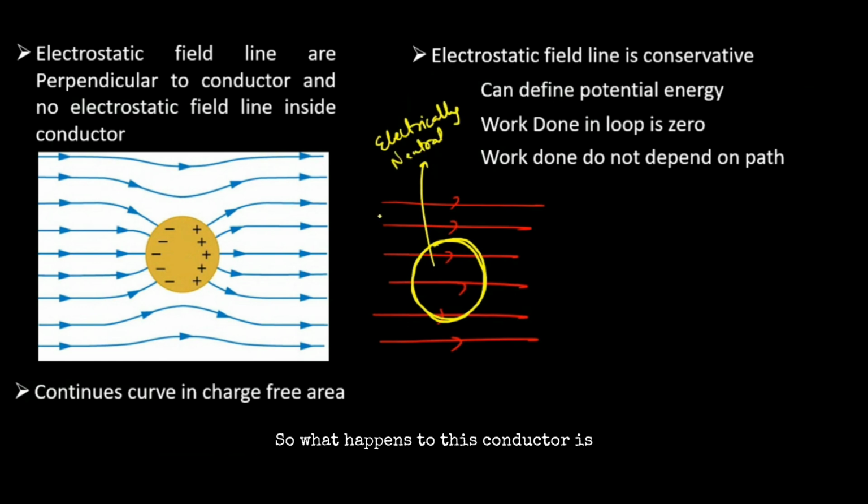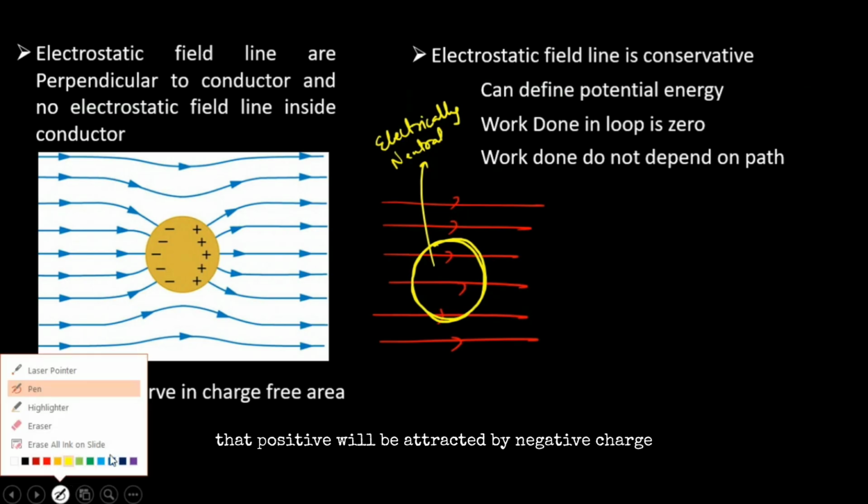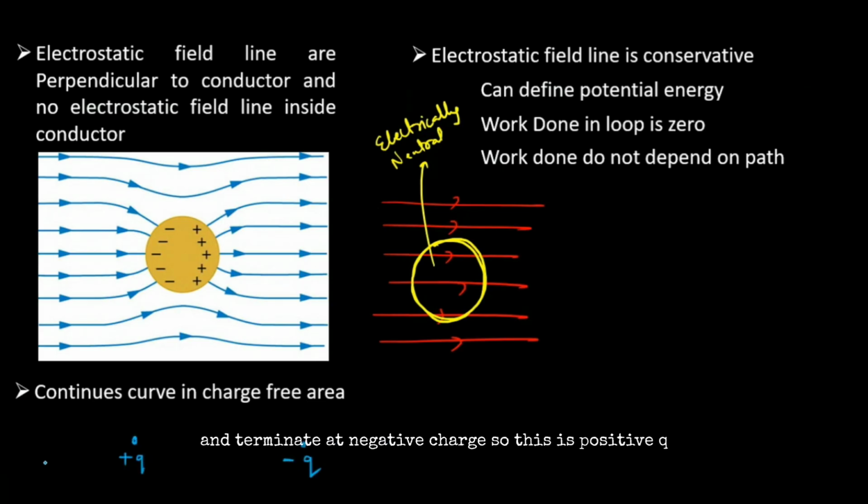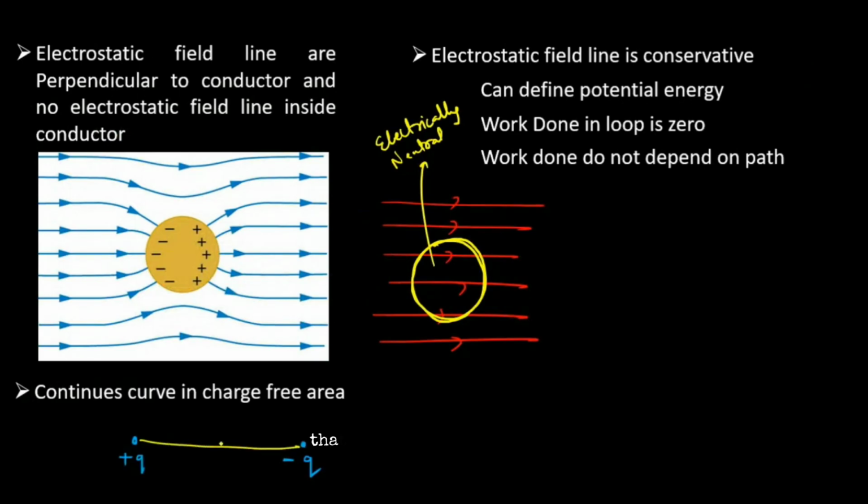What happens to this conductor is that it will get induced charge due to the field in which it is placed, and that induced charge will be aligned in such a way that positive will be attracted by negative charge and negative will be attracted by positive charge. Always, as I told you, electric field lines start from positive charge and terminate at negative charge. If this is positive Q, the electric field will be going this way.